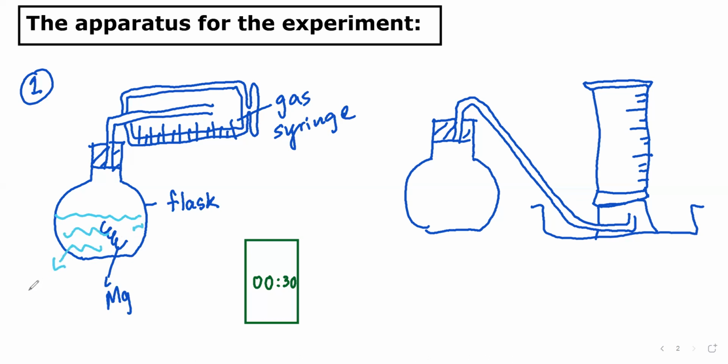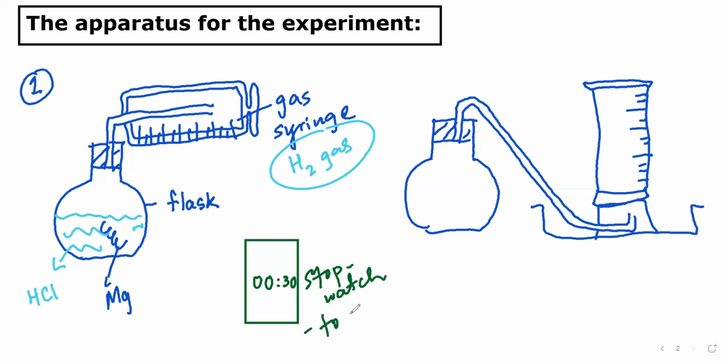This is hydrochloric acid, as we were just talking about, and the gas syringe will measure hydrogen gas. What is this? This is our stopwatch. Okay, a stop clock or stopwatch is used to measure time.